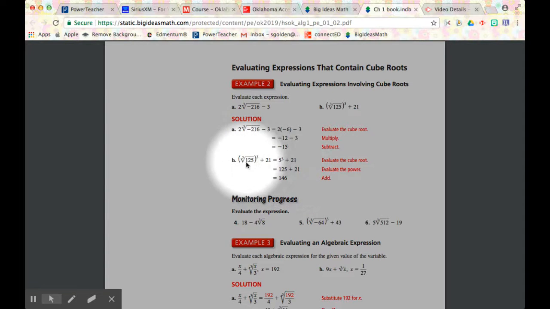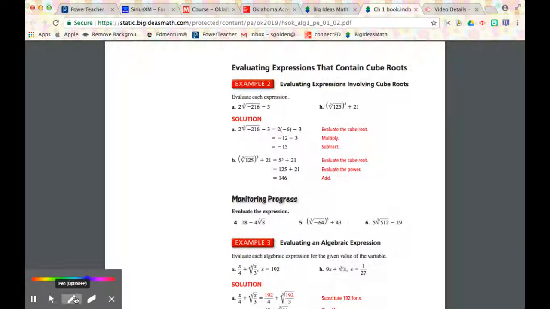Now, I want to actually look back at this one up here. I kind of mentioned it earlier, but we have the cube root here, all raised to the 3rd power. And if you remember me mentioning just a while ago, cube root and a number cubed, or to the 3rd power, are exact opposites. So when you have a cube root raised to a 3rd power, they just cancel out.